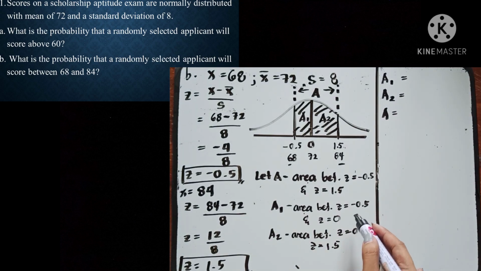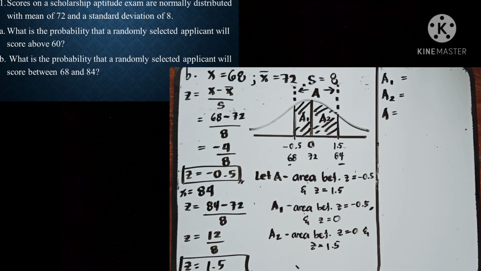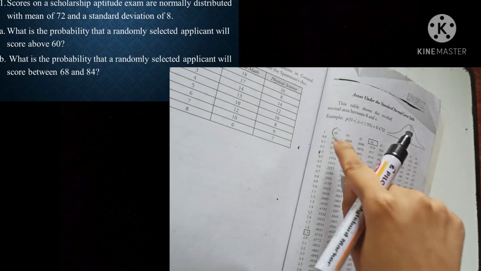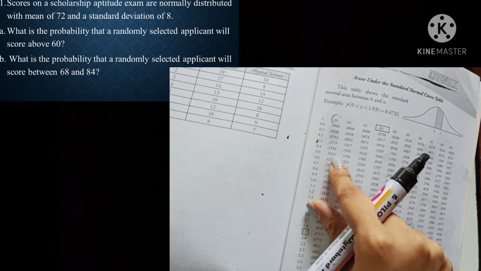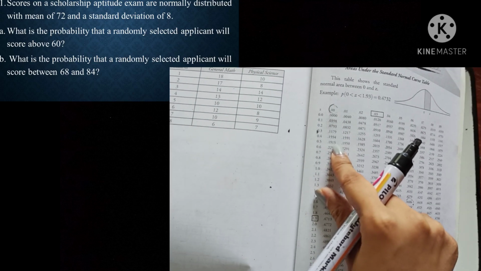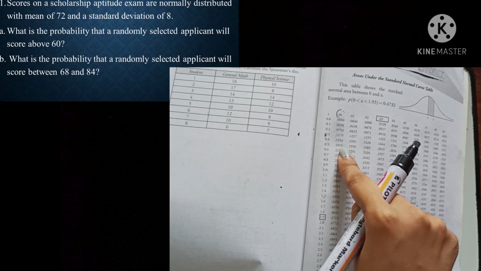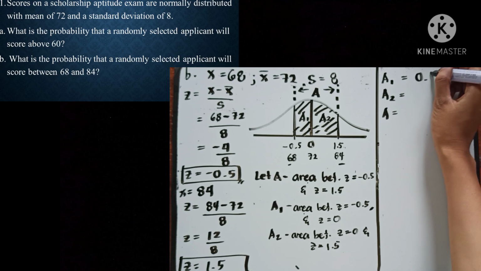Ang A sub 1 natin, area between negative 0.5 and 0. So, hanapin lang po sa ating z table yung 0.5 or 0.50. So, that is 0.1915. Okay? So, yung A sub 1 natin is 0.1915.